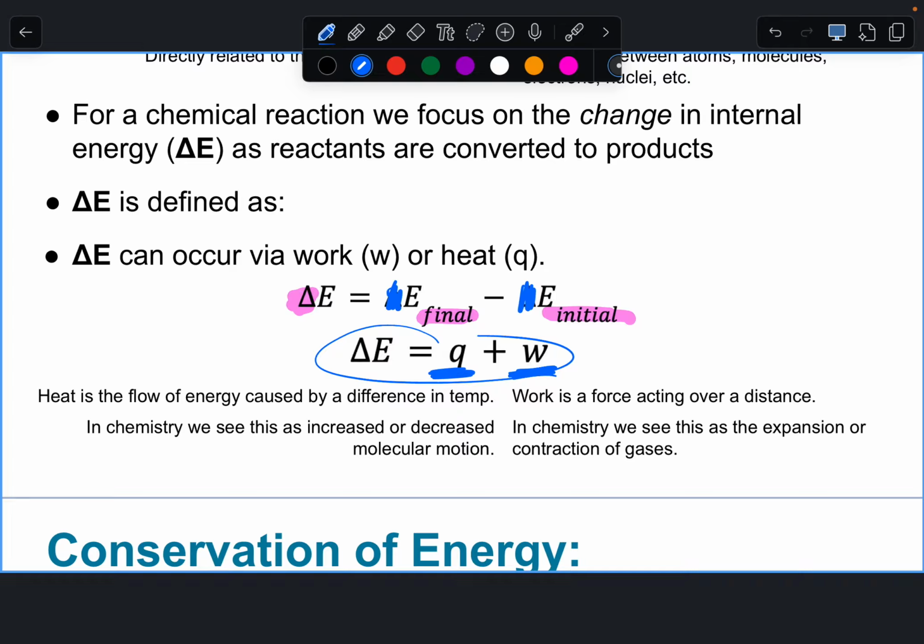Okay, I just released some of my energy and gave it to the chair. That friction was a little ridiculous, but I gave my energy to the chair by doing work on the chair. Okay, so that is one way that energy can be exchanged as well, is that the system might apply a force on the surroundings and give some of its energy to the chair.